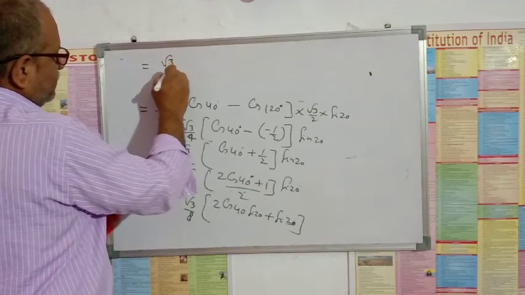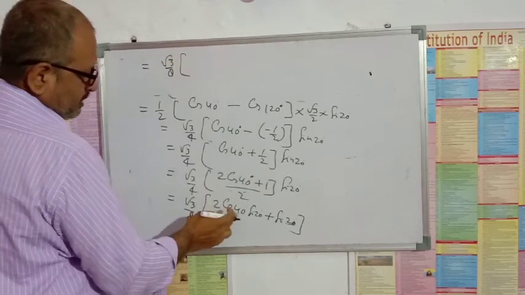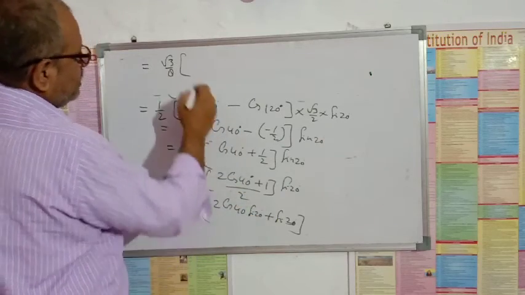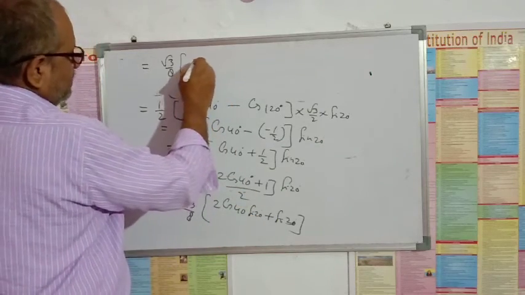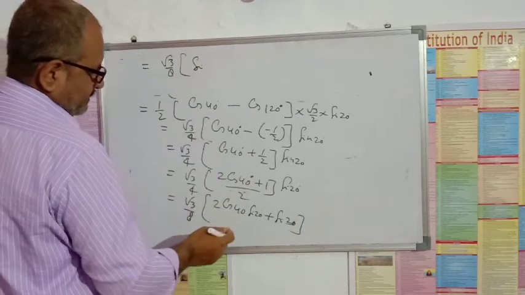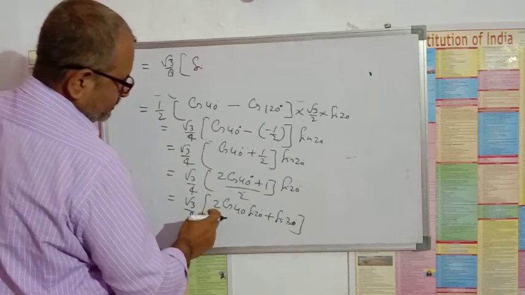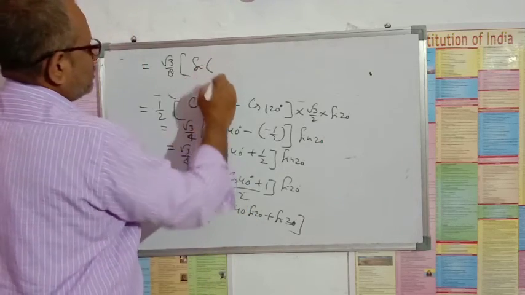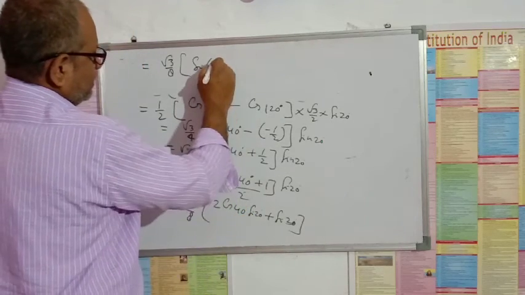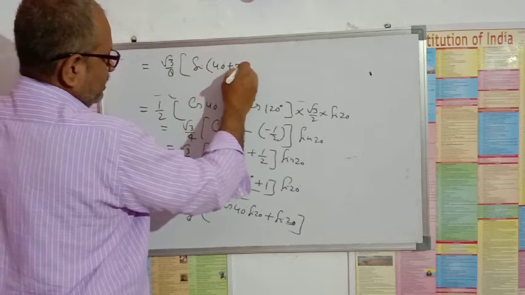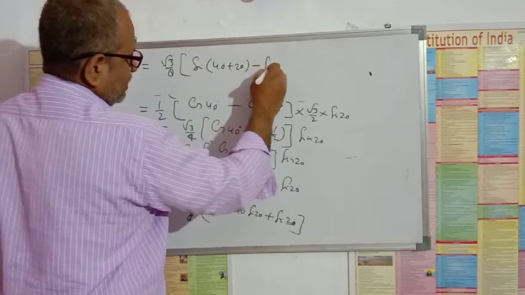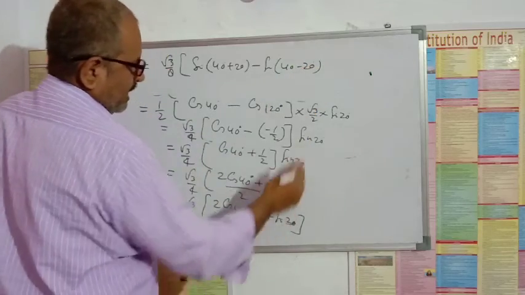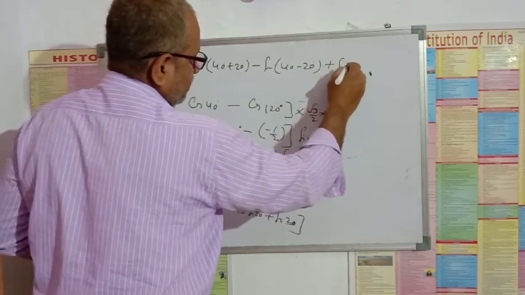Root 3 by 8. What is the formula of 2 cos A sin B? We will write sin(A+B), 40 plus 20, minus sin(A-B), 40 minus 20, and plus sin 20.